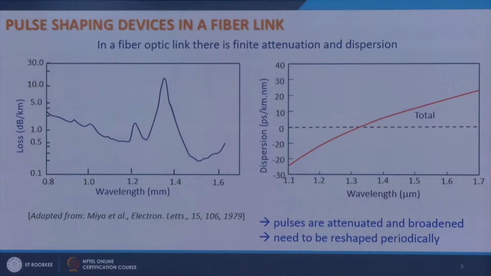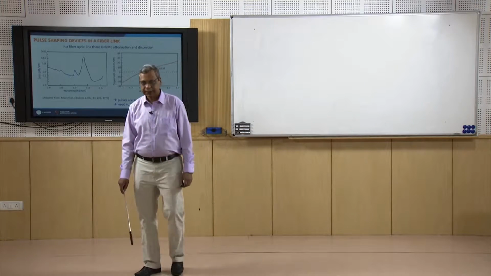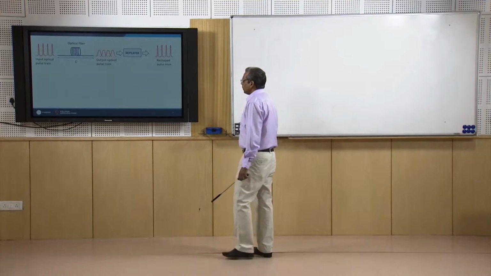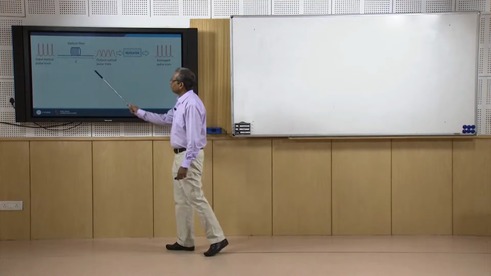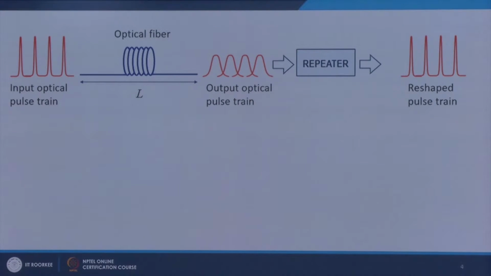So, when these pulses are attenuated and dispersed, then periodically we need to reshape the pulses. So, this is how it happens. You have an optical fiber, this is the input optical pulse train, the pulses get attenuated and broadened.